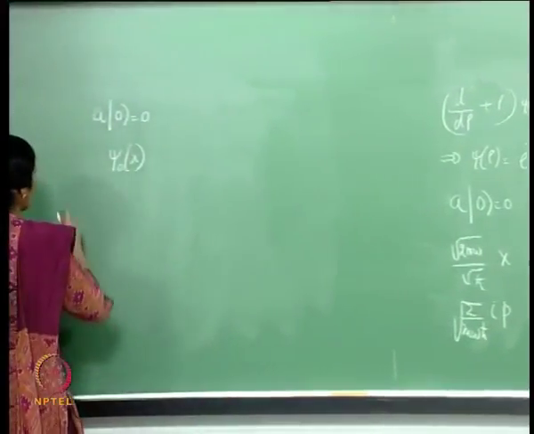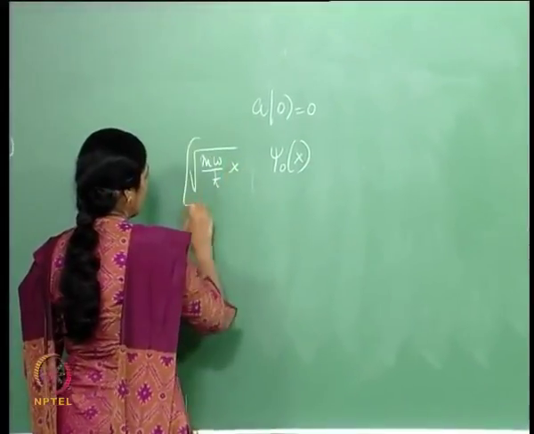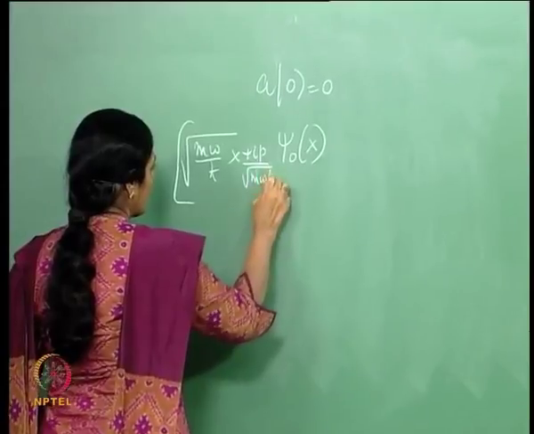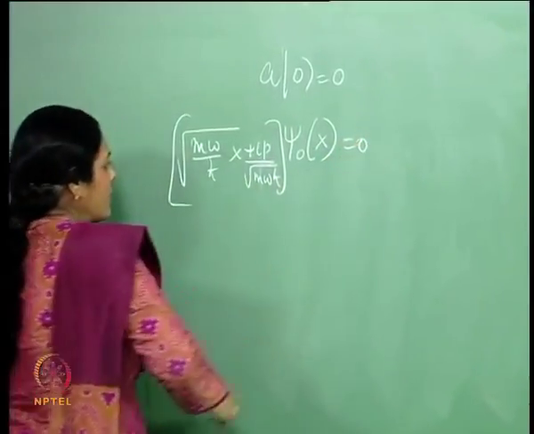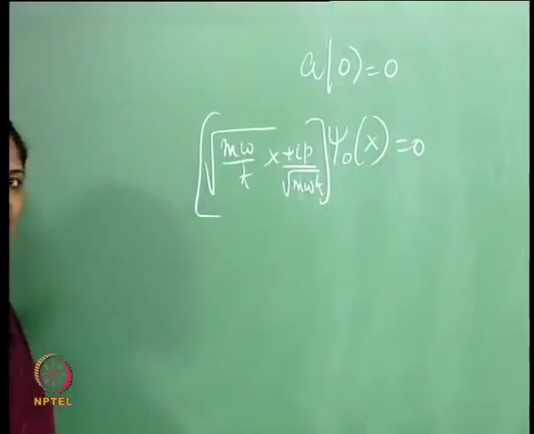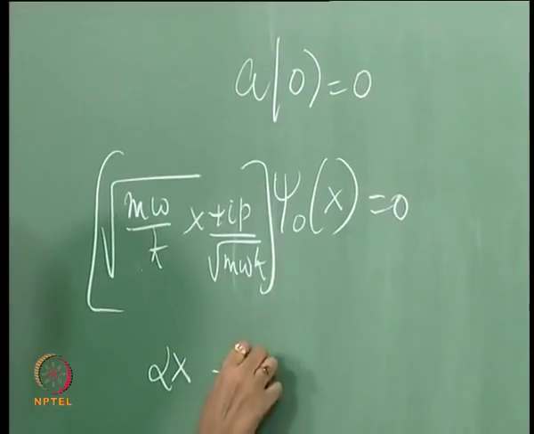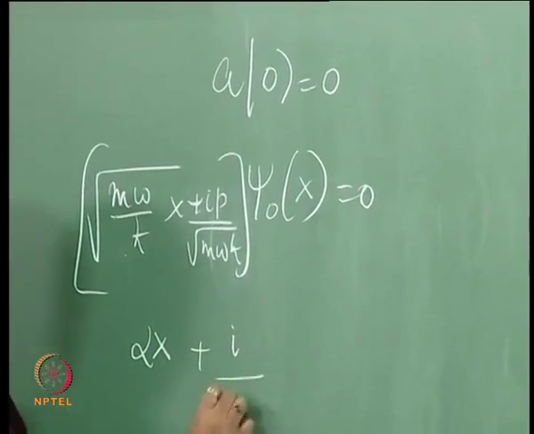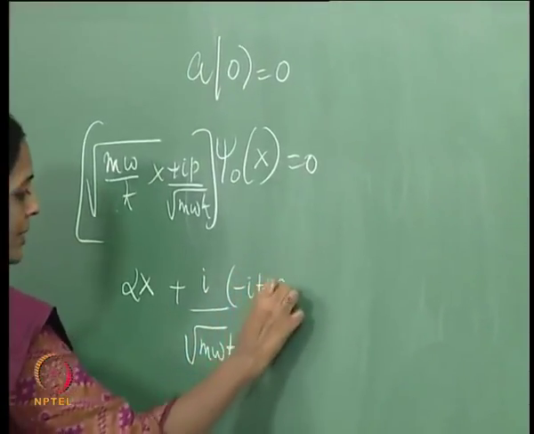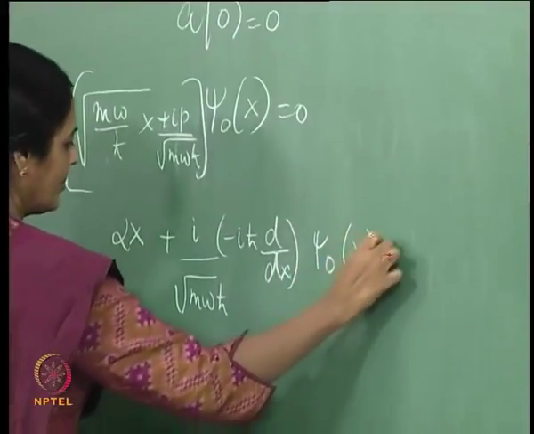So, essentially I am trying to say that root of m omega by h cross x plus i p by root of m omega h cross acting on psi 0 of x is 0, and that means, but root of m omega by h cross is alpha. So, I have alpha x plus i by root of m omega h cross, p is minus i h cross d by dx, psi 0 of x equals 0.